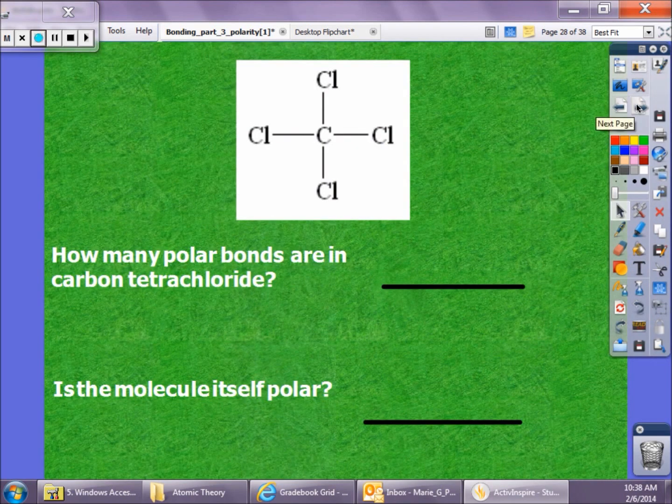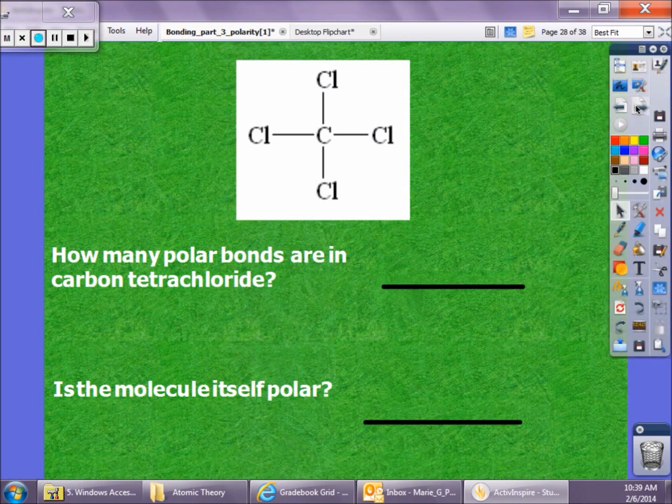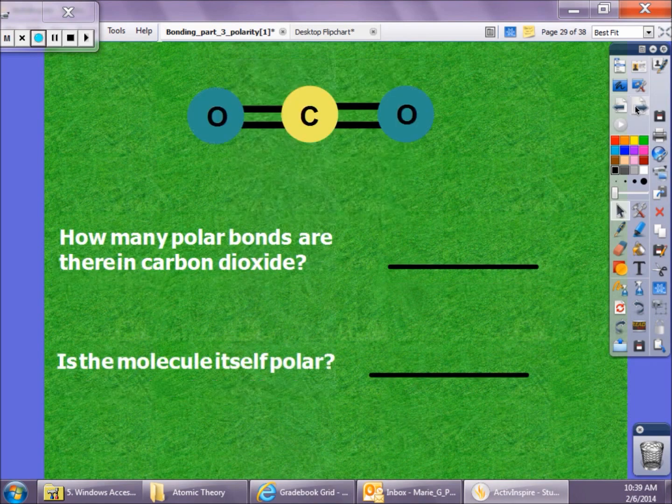Now, how many polar bonds are in carbon tetrachloride? I heard 4. Okay, let's see if you are right. 4. Is the molecule itself polar or non-polar? Non-polar. Even though the bonds are polar, the molecule as a whole is non-polar. How many polar bonds are in carbon dioxide? I heard 2.